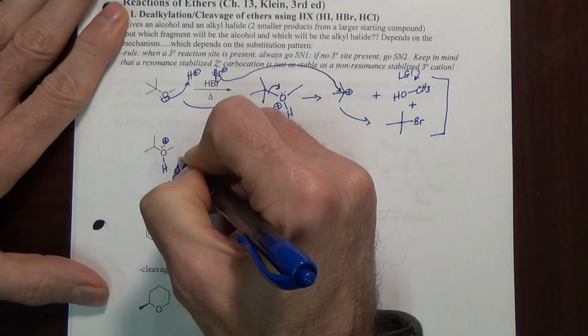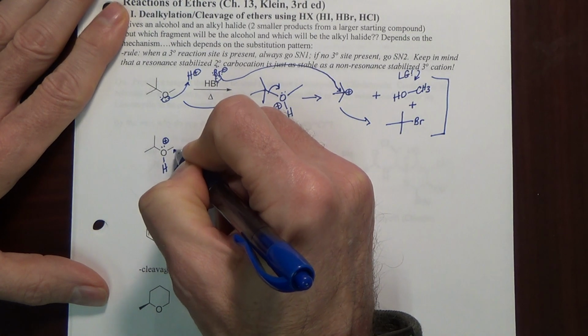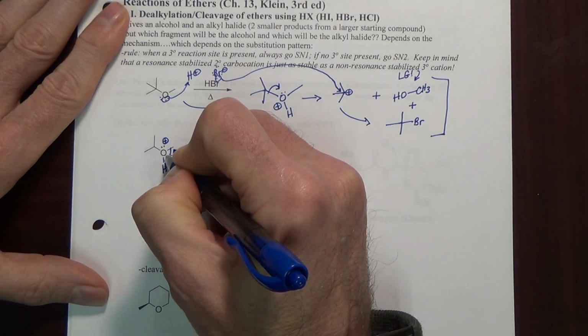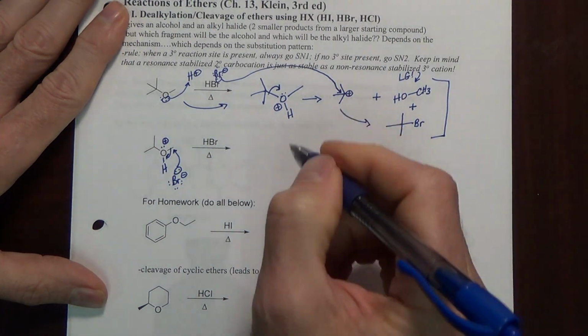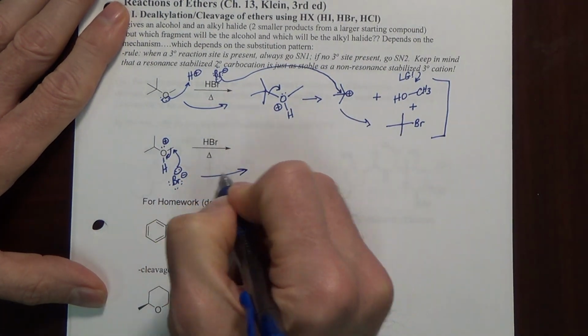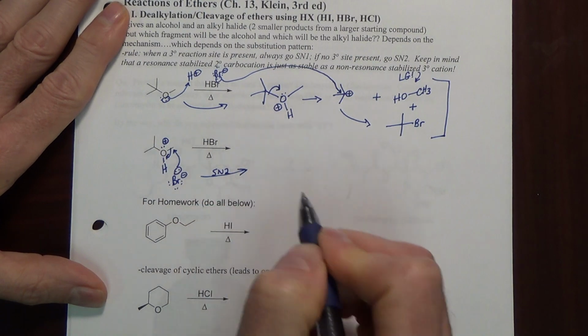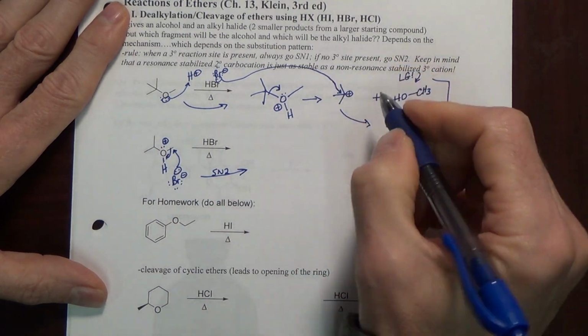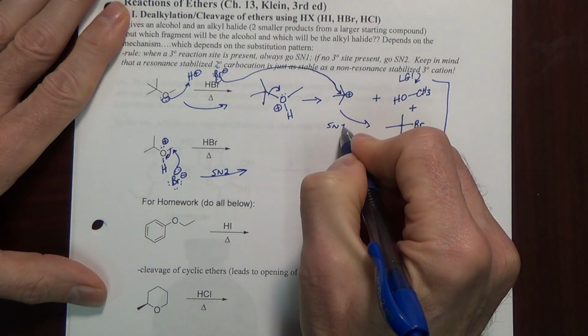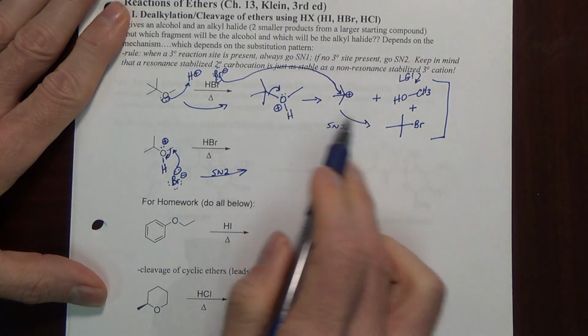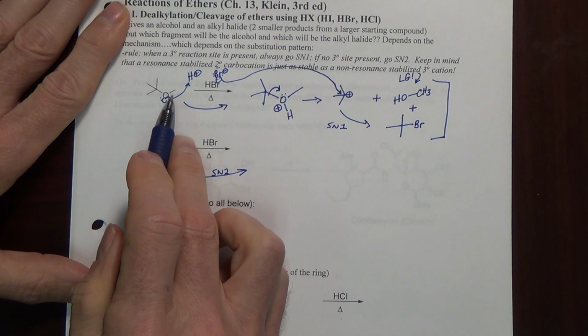SN2, you're going to attack the least substituted carbon, kick off the leaving group, and that will give directly your products, SN2. Up here it was a two-step SN1, two steps after you protonated.